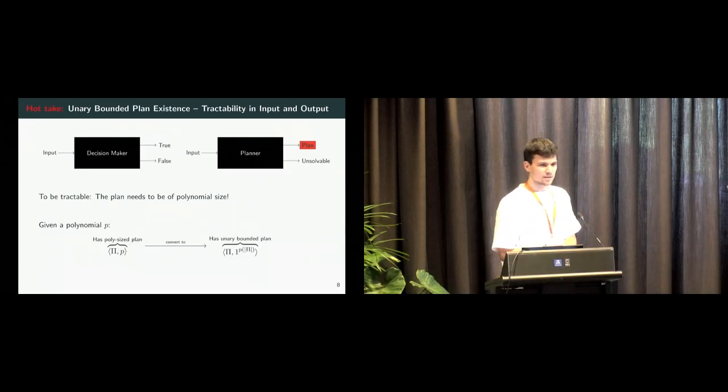So we have the expectation that there needs to be some runtime allocated for actually outputting these action sequences. And I think in terms of complexity theory, inputting this as a unary bound really makes sense. So if you would frame the problem differently and would say our plan needs to be bounded by some polynomial, this is just equivalent to enumerating this polynomial and providing it as input.